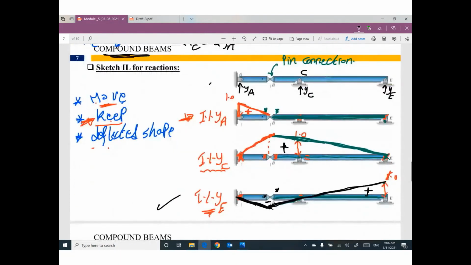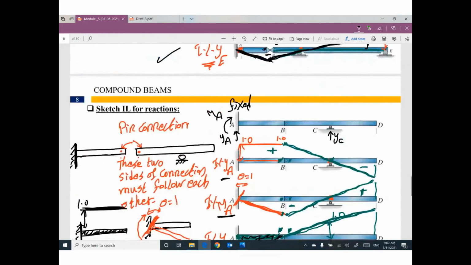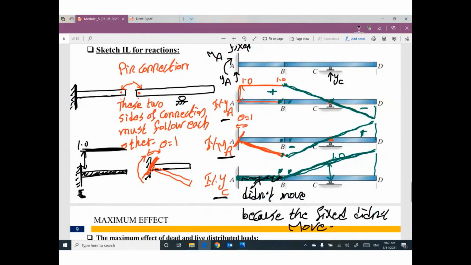If you have a compound beam, what do I mean by compound beam? We have parts of the beam connected to each other by a pin connection. Keep in mind, this pin connection will keep each side following the other side. And we solved two examples to figure out how to sketch the influence line for reactions. That's enough for today.